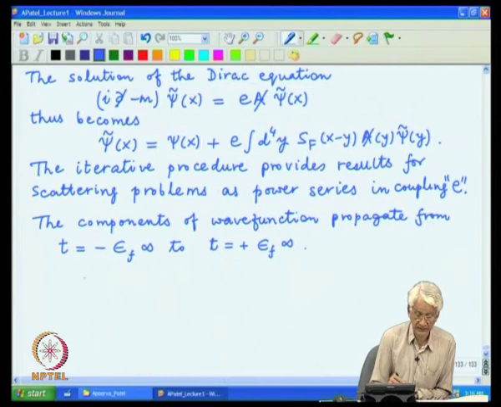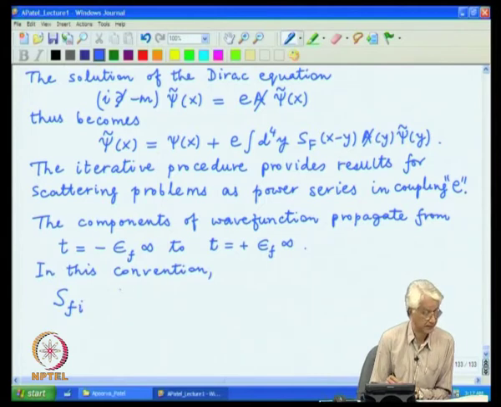In that convention, the matrix element can be written as S F I. This is schematic, but we have been using it.